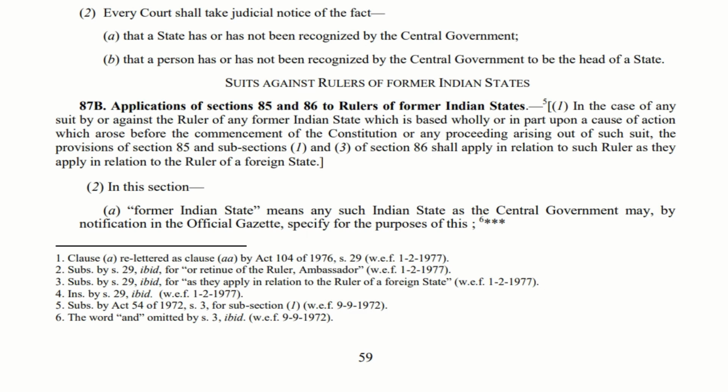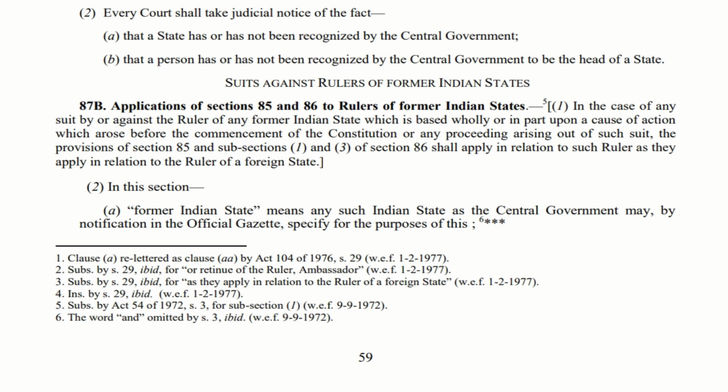Imagine there was a ruler X who is the king of a particular state, and there is another ruler Y who is the king of another state, and these states were there before the formation of India.